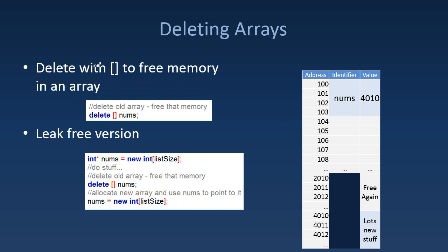So to do this correctly, when you're done with a piece of memory, you create this array, you do some stuff with it, you delete, and use the brackets to say delete the whole array, nums, and free up that space so that it's available for someone else before you go create a new chunk of space. When programs fail to do that, they start taking more and more memory and eventually slow down and possibly crash. You may have witnessed that yourself in some program.